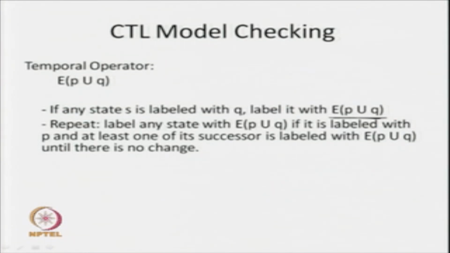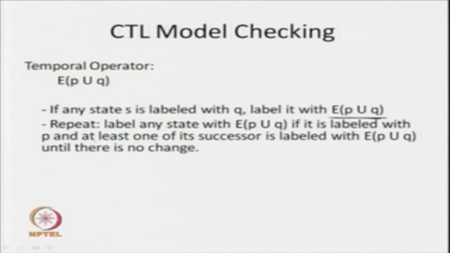Now, we are going to repeat this procedure. Label any state with E[P until Q] if it is labeled with P and at least one of its successors is labeled with E[P until Q]. P should remain true until Q becomes true, and we need at least one path.